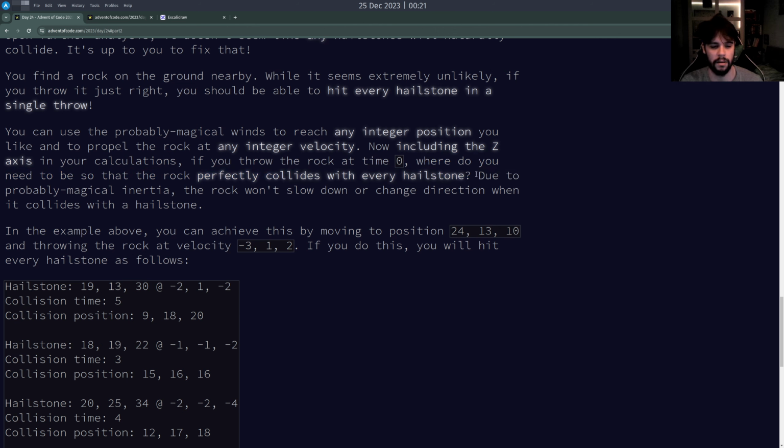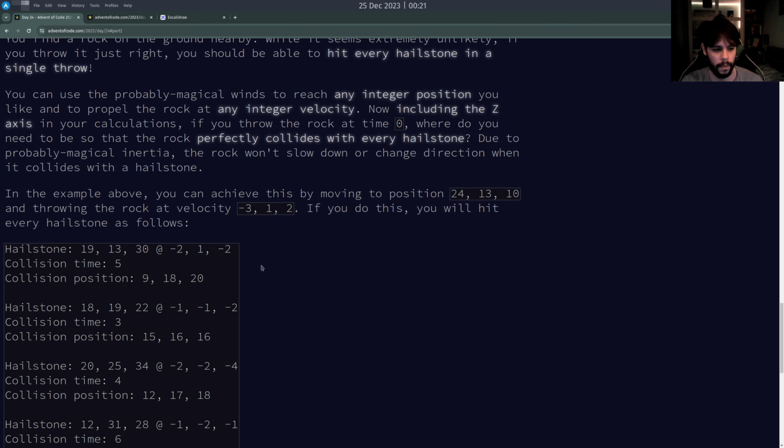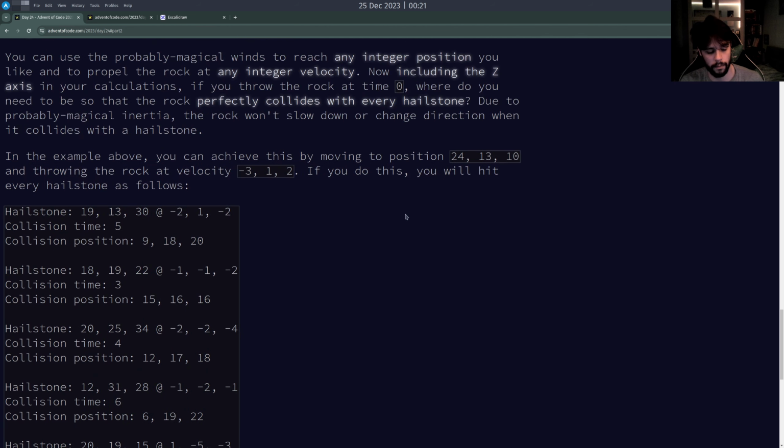Due to probably magical inertia, the rock won't slow down. In an example above, you achieve this by moving to position 24, 13, 10 and throwing the rock at velocity this. Wait, are you asking me to solve for... Whoa, excuse me, what?